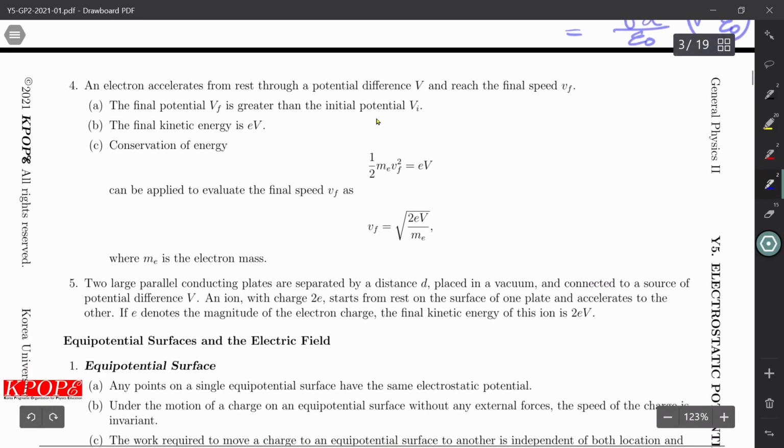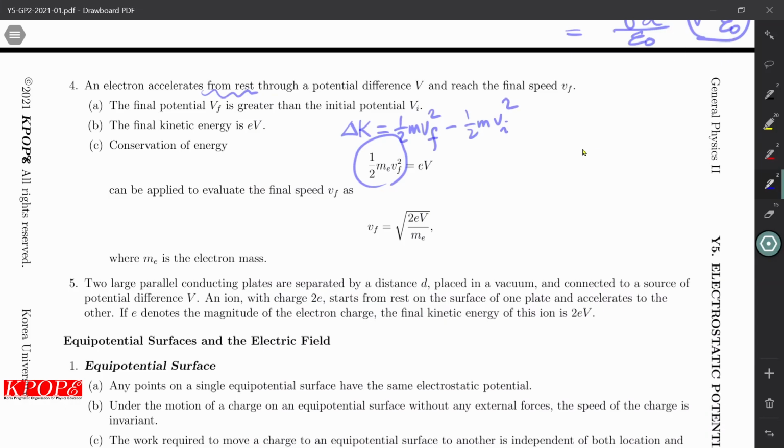Four, the electron accelerates from rest. Consider the change in the kinetic energy from rest. So delta K is 1/2 m v final squared minus 1/2 m v initial squared, and rest means v initial equals 0, so this one vanishes.